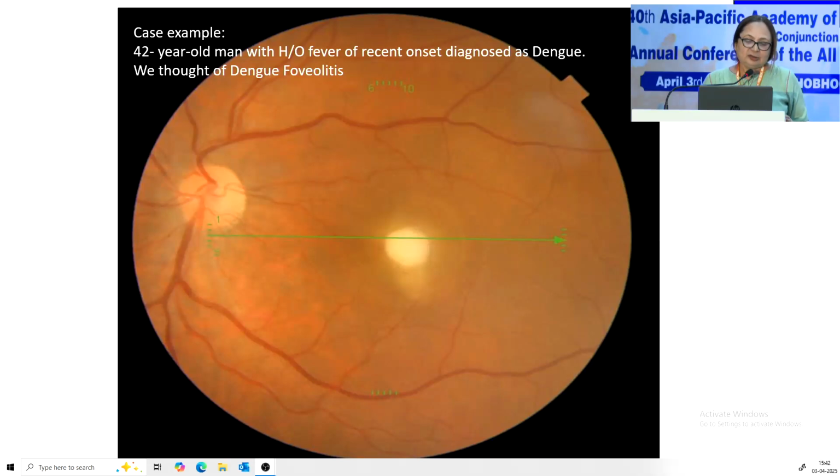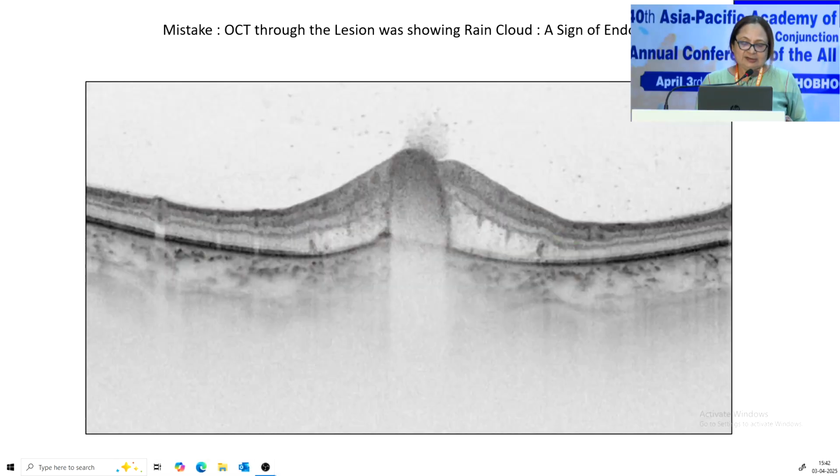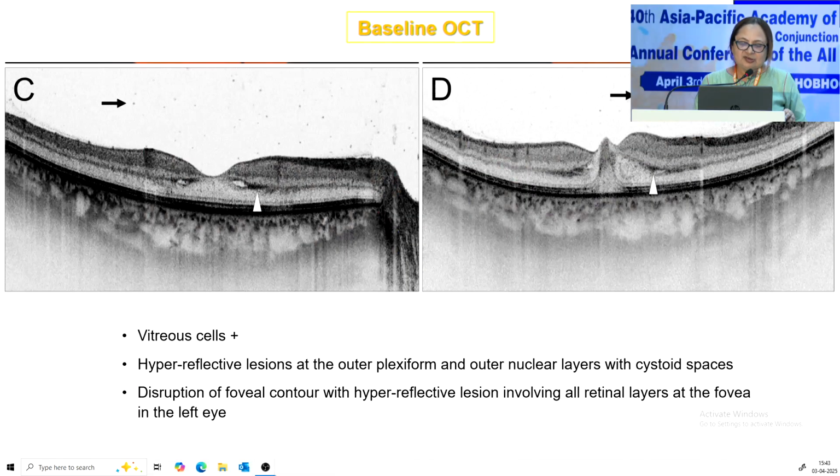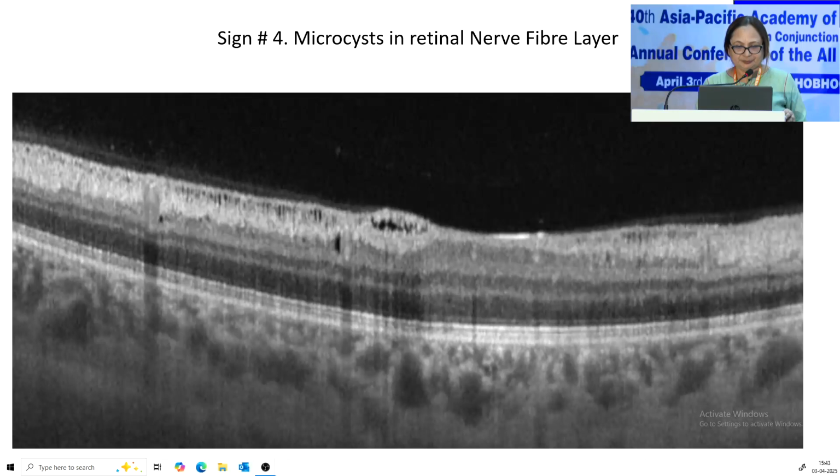So we thought we were dealing with dengue foveolitis, and when we did the OCT, it shows the lesion coming from the choroid all the way in the retina and breaking through in the vitreous. This is rain cloud, a sign suggestive of endophthalmitis. So please don't treat these patients like uveitis, and this is how this patient responded. Just in passing, this is dengue foveolitis that does not break through into the vitreous, unlike endophthalmitis.